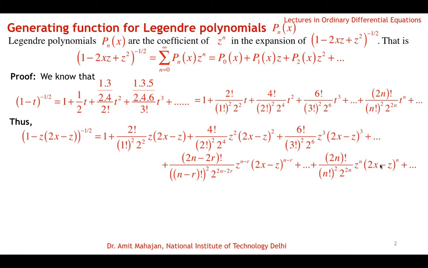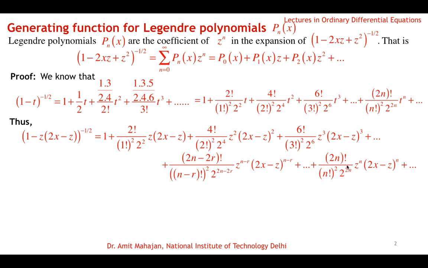All the terms after this, the next term will be z^(n+1)(2x - z)^(n+1). So z^(n+1) is already outside, so there will be no term of z^n. Similarly, for any term after this particular term, the z^n term will not be there. There will be powers higher than z^n. So the z^n term will come from here.